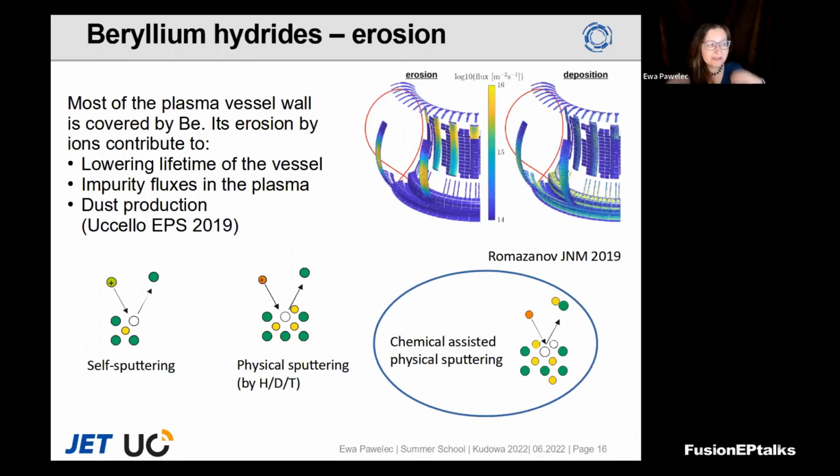But you have first the creation of a molecule, and then this molecule is dissociated, and you can see a beryllium atom or ion, mostly ion, because that's how the dissociation works in this case.